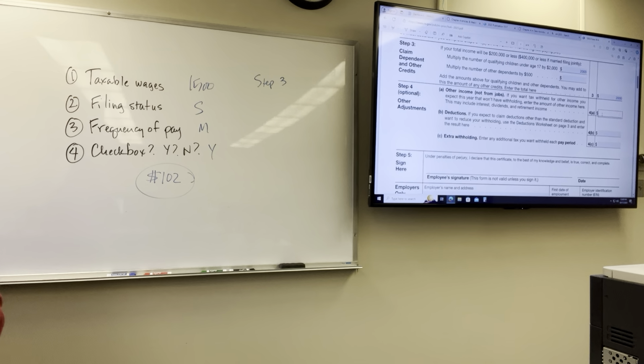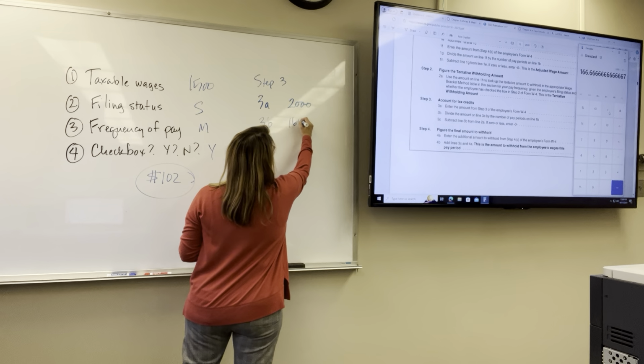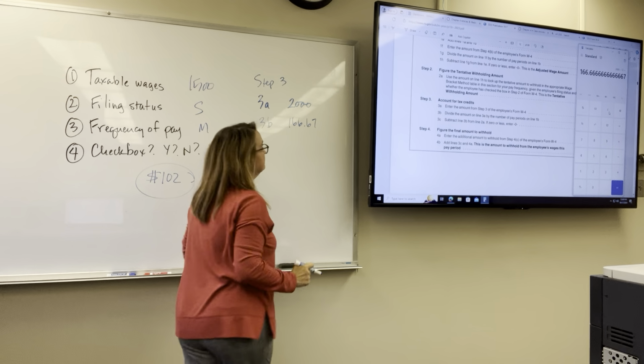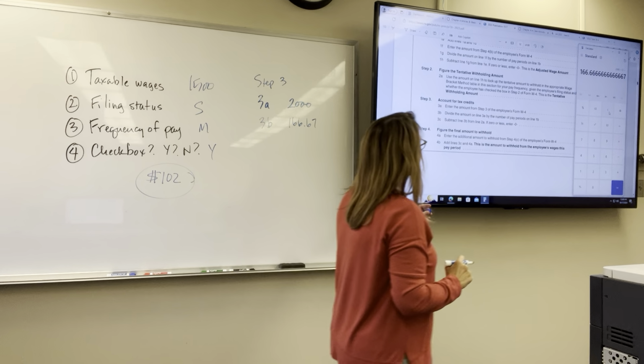Divide the amount on line 3A by the number of pay periods on line 1B. So it's on a monthly basis. So 2,000 divided by 12. Whoops, I did that right? 166.67. So 3B, 166.67. Cover it up, the instructions.